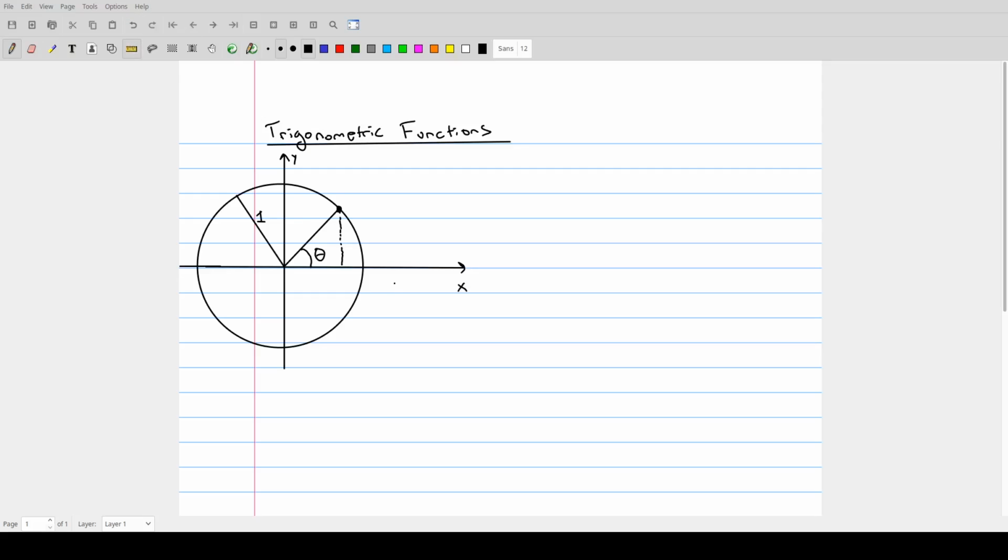Specifically, we say that the x coordinate of points in the unit circle at a given angle is given by what's called the cosine function. We say it's cosine of theta.